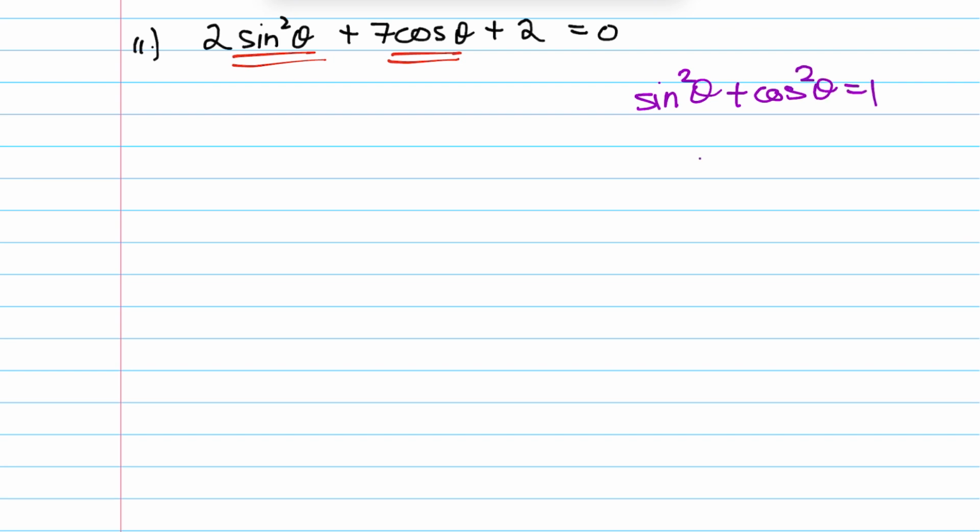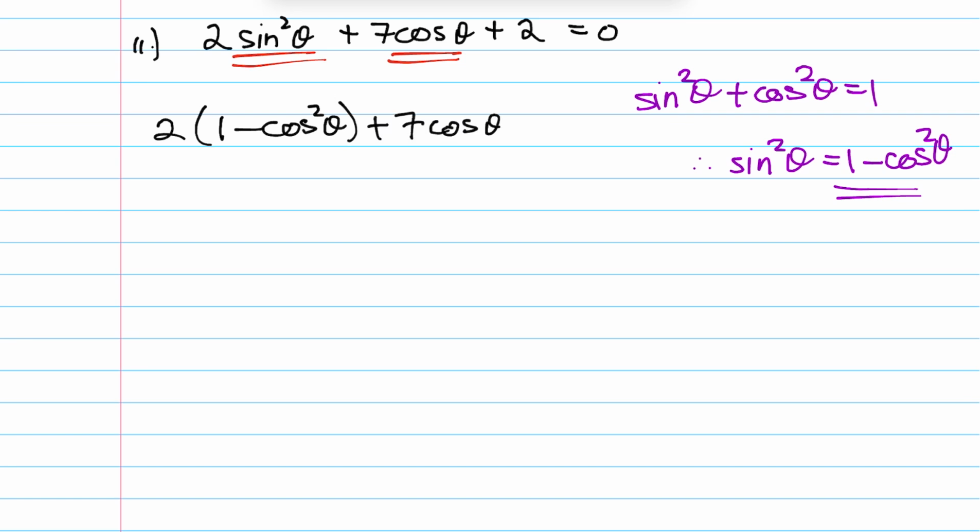Right? So let's remember that sine squared theta can be made the subject of the formula here. So sine squared theta is equal to 1 minus cos squared theta. And that's what we'll substitute here. 1 minus cos squared theta.